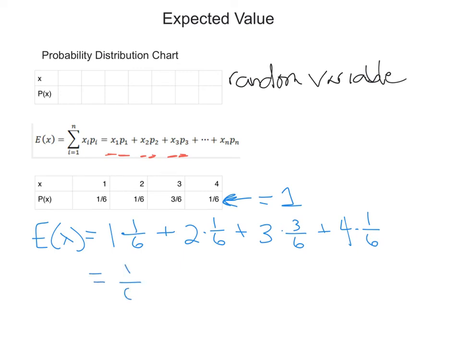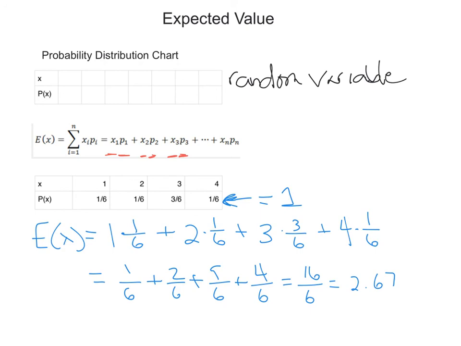It's not coming from anywhere specific. So I get 1/6 plus 2/6 plus 9/6 plus 4/6. And when I add all of those up, I get 16/6, which equals approximately 2.67. And I'm just rounding there because it's 2.666 all the way across.